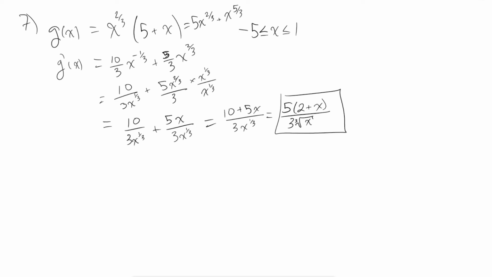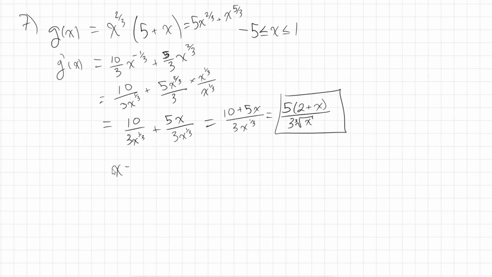It's undefined if I'm dividing by 0. So the cubed root of 0 is equal to 0, so if we have 0 on the bottom of our fraction there, we're going to have an undefined. We're going to be dividing by 0. So that's not going to work. So x equals 0 is undefined.